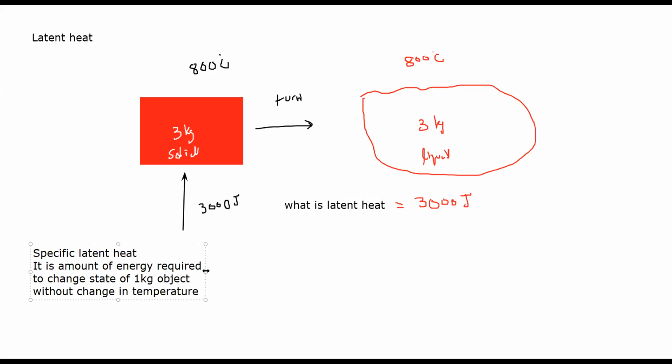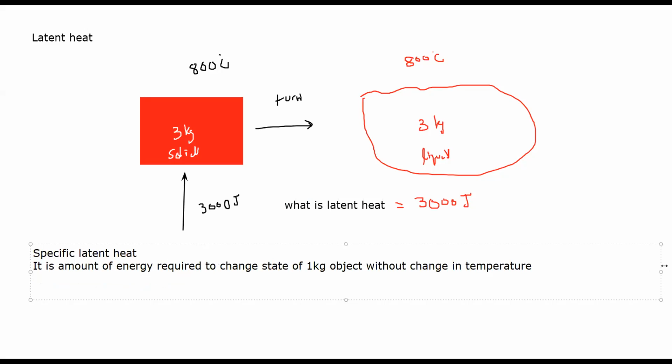So if we are finding how much energy is required for 1 kilogram, 3000 is required for 3 kg, but how much energy is required for 1 kg? That's equal to 3000 divided by the mass, which is 3. So 3000 divided by 3, what will we get? We will get 1000 joules per kilogram. So for each kilogram, we need 1000 joules.